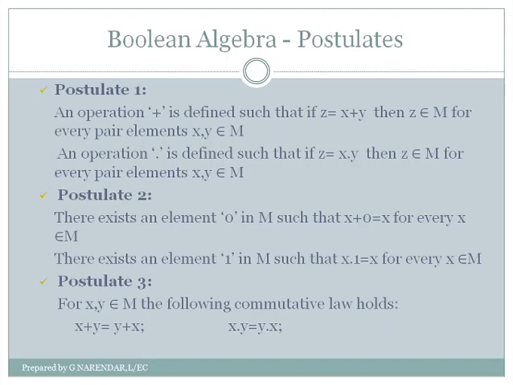Logical addition is defined such that if z equals x plus y, not exactly plus, it is defined as the OR operation, so z equals x OR y, then z belongs to the set M, for every pair x, y belonging to M. That means if you take any two elements x, y which belong to the set M and perform the OR operation between them, the result also belongs to the same set.